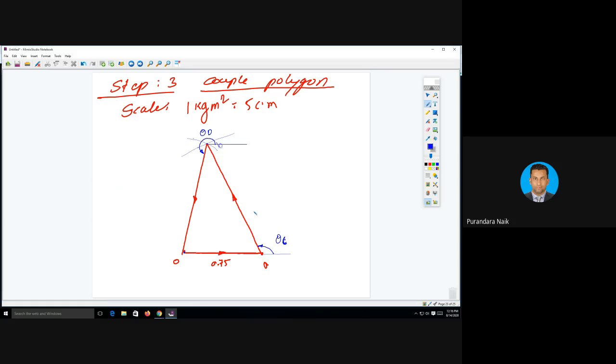So this is 1.2. This is 1.08 length. So the corresponding angle, we have theta D.